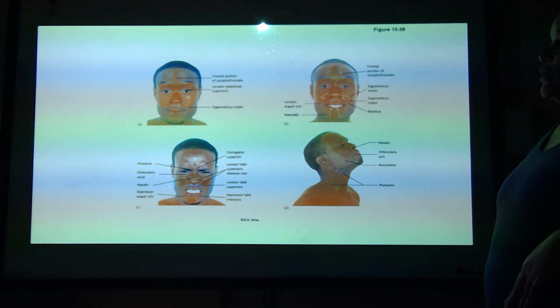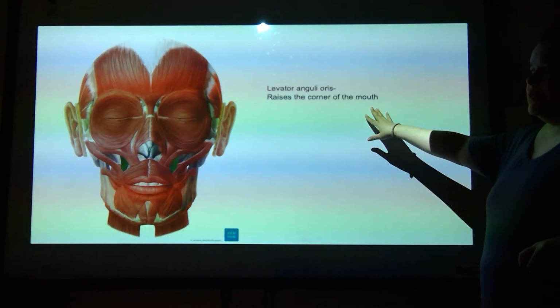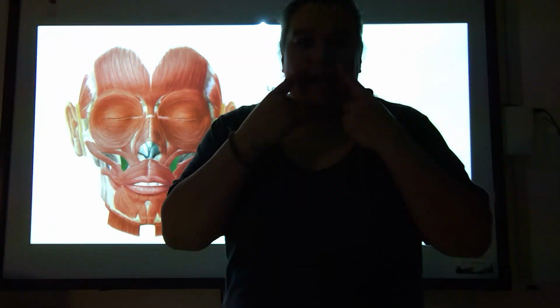So, the levator anguli oris, look at where it's at. It kind of does that same thing where it raises the corner of your mouth. So kind of that same sneery thing that we had going earlier.